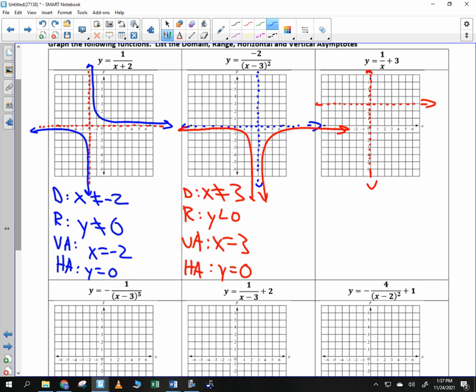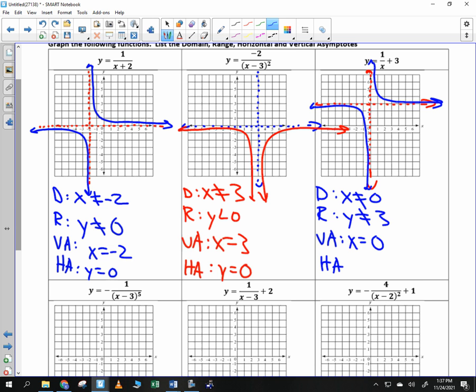And then I'm going to draw this graph. Domain, anybody? Range? Good. The vertical asymptote is x equals 0, and the horizontal asymptote is y equals 0.